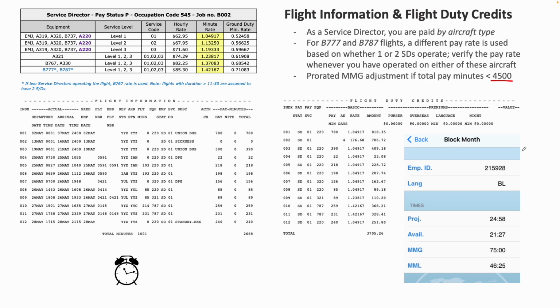So you can always see what your MMG is in Globe. But again, it's expressed in hours in Globe, so you would need to convert that using the method described before, and that's just multiplying 75 by 60. And that would get you that lovely total of 4,500.